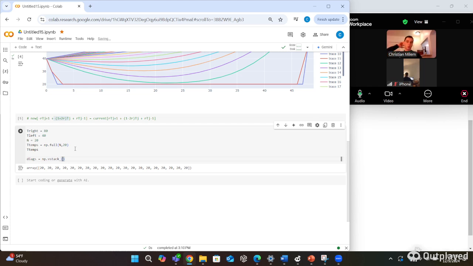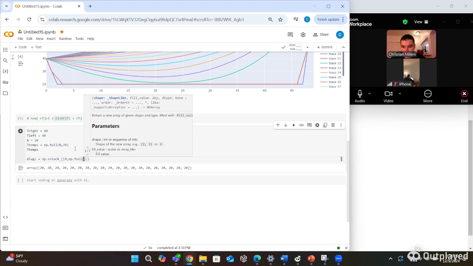So the top one is going to be notated with the 0 out in front. And then I think it's np.full. We need 19 of these because our diagonal would be 20. Our middle one would be 20. The top and the bottom one are going to be 19. So it would be n minus 1.